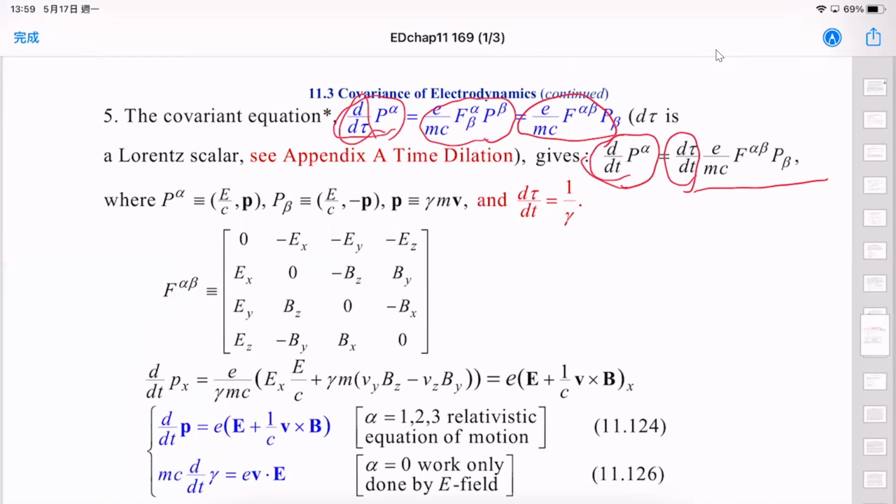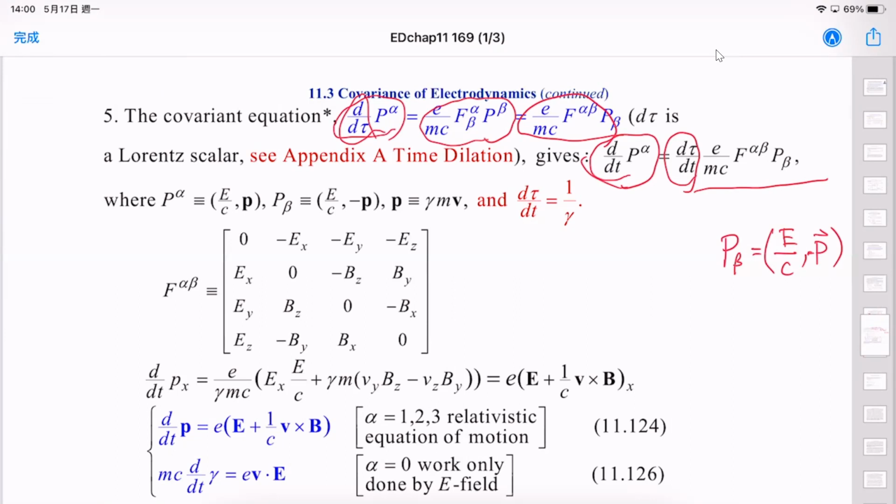So what's the relation here? Remember, P is actually a momentum. So P beta is C E, P minus I. Okay. Minus P. And check.